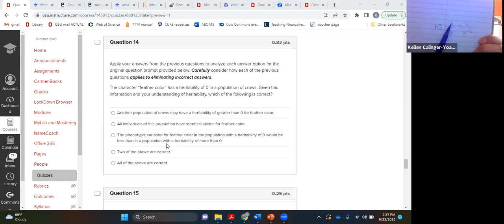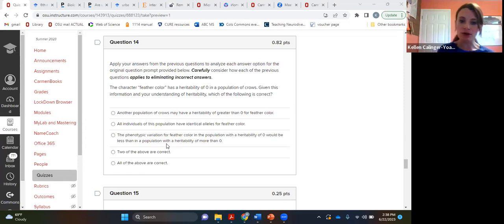I would say, okay, if I've got heritability of 0, then I know V sub G has got to be equal to 0. But does that tell me how much V sub P is? Could I have equally low V sub G's, but still have more phenotypic variation? Well, even if my heritability is 0, you can have phenotypic variation from V sub E. So just because heritability is 0 and V sub G is 0 doesn't mean that phenotypic variation is 0.